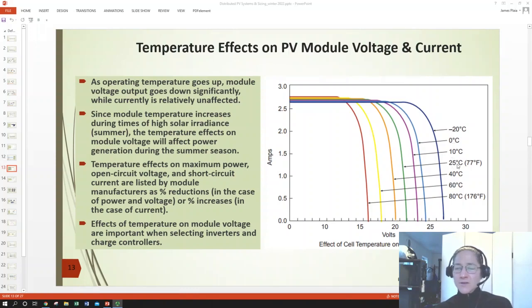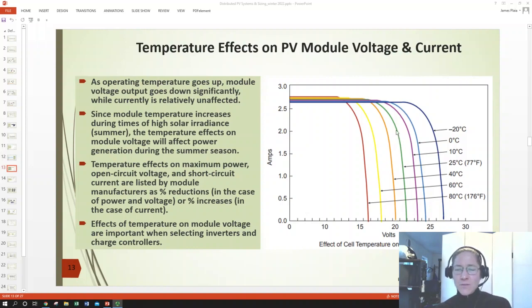So for your standard test condition here, the 25 degrees C with the green curve, if we start to get warmer, say 40 degrees C, which really isn't that unusual in a warmer climate, or 60, which is totally imaginable for a black solar panel on top of a hot roof.